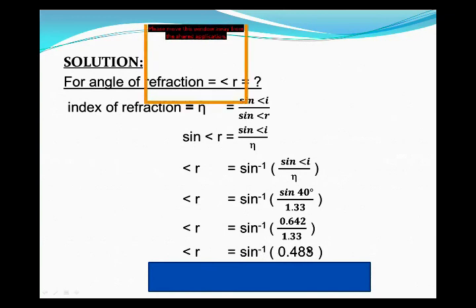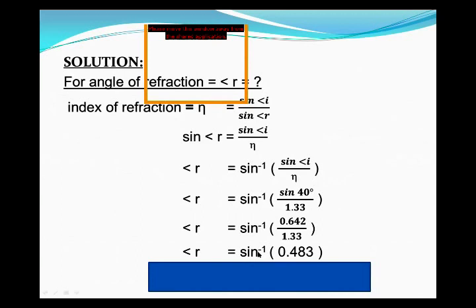This is not the angle, so from this position, we will go on to find the angle. With the help of a scientific calculator, we can find the angle. How will we find it? First, turn on the scientific calculator, then press the button on which shift or second is written. After that, press the sine button.